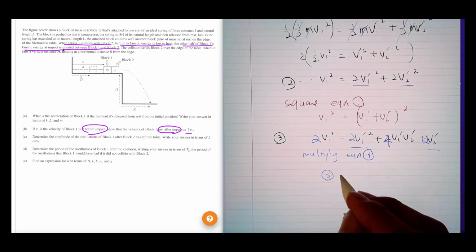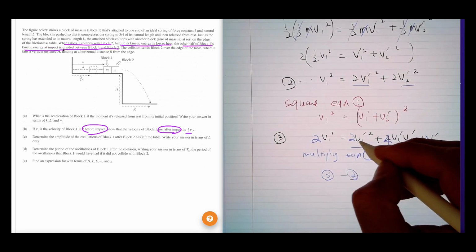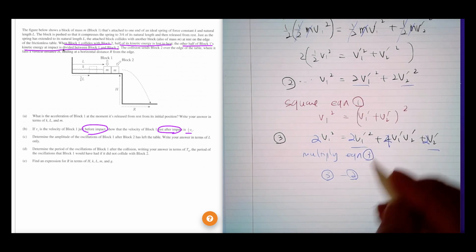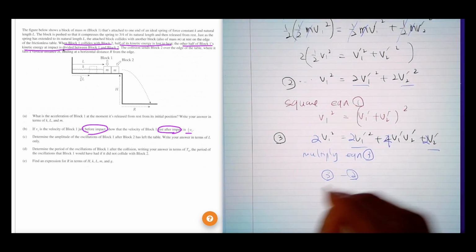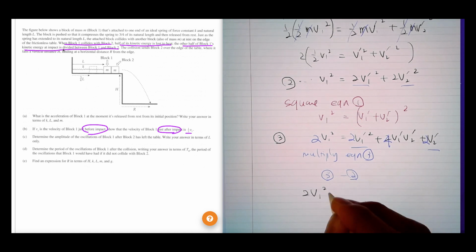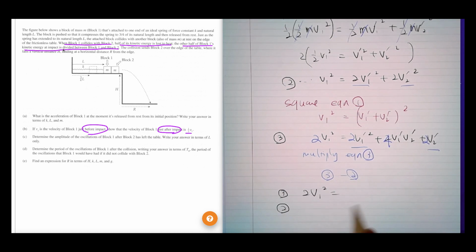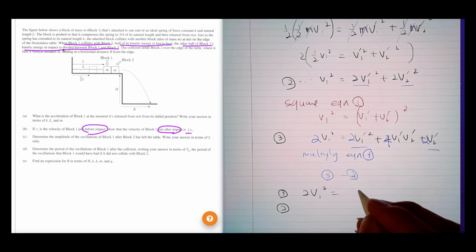So I'm going to do 3 minus 2. So this minus that goes away. You know what? Let me just write the whole thing for you to see what's going on. Here's equation 3. I'm going to copy again both equations so that you can see my elimination method.